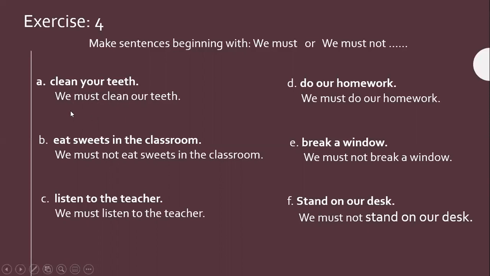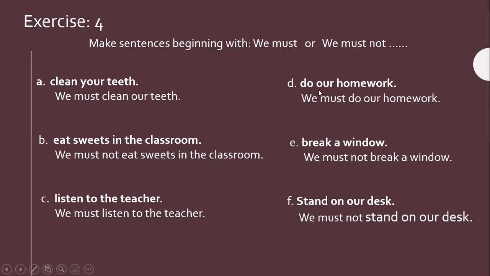Clean your teeth, so you write we must clean our teeth. Eat sweets in the classroom. We must not eat sweets in the classroom. Listen to the teacher. We must listen to the teacher.